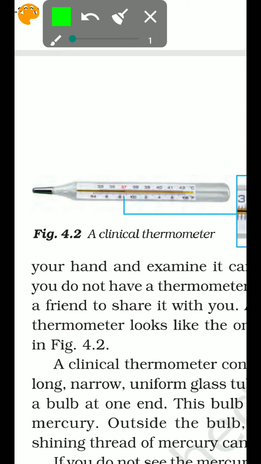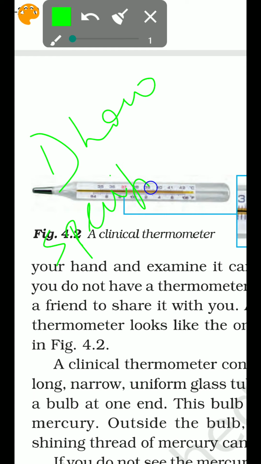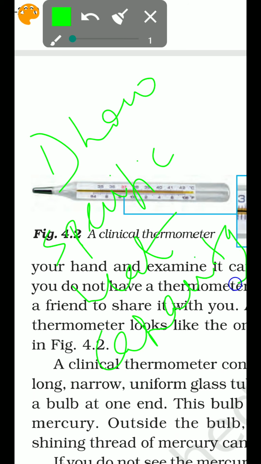The reason we have chosen mercury to keep in the bulb is, first, we can choose any kind of liquid which has a low specific heat capacity.